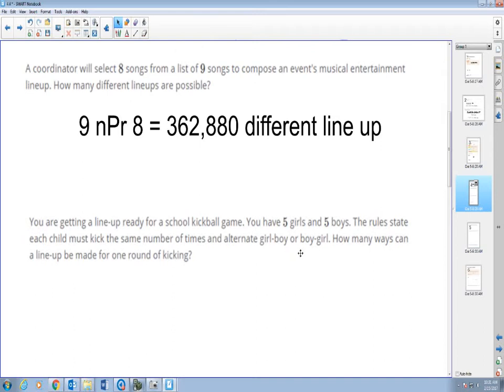But this word "or" means I can line up girl, boy, or I can use a boy and a girl way. So that's already 2 different ways of alternation here. And then I have 5 girls and 5 boys.